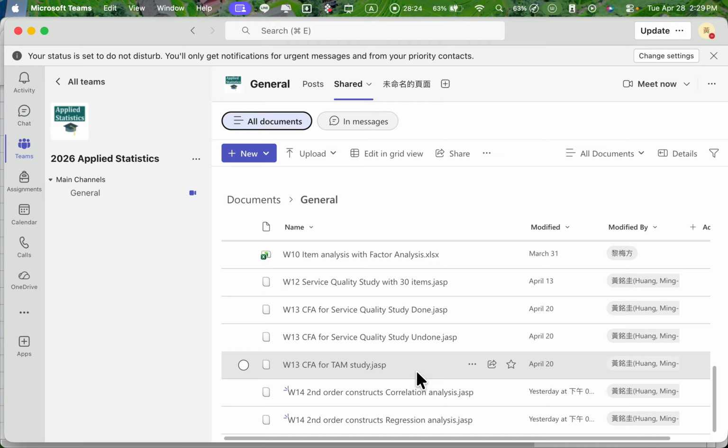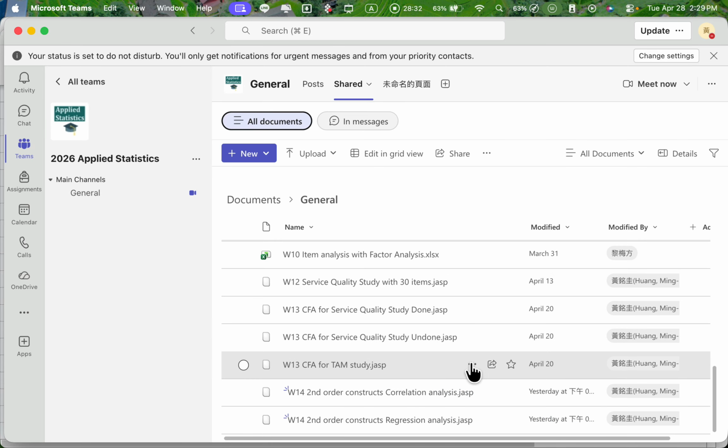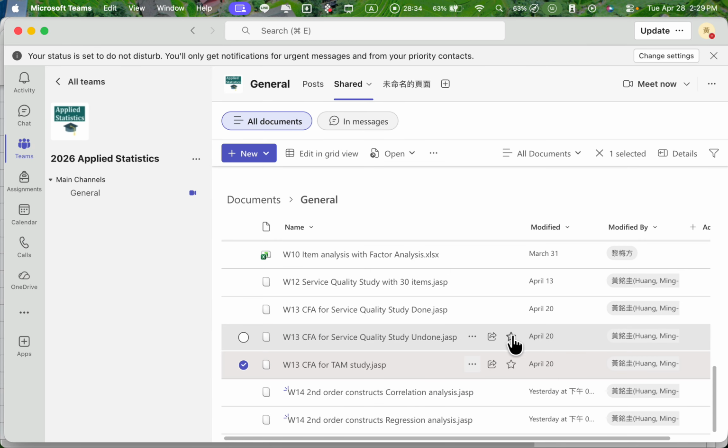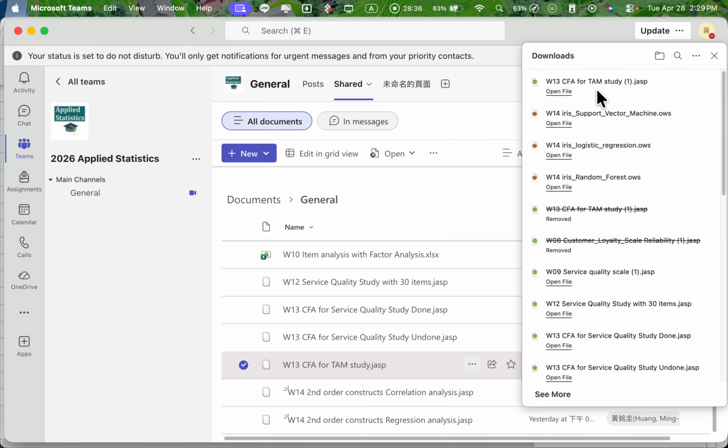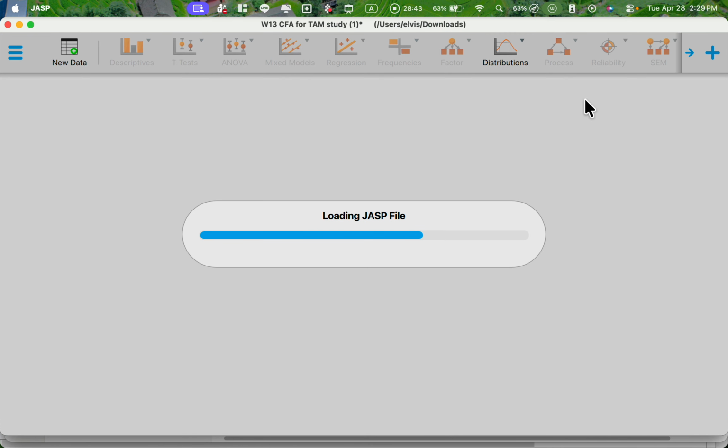If you can, download this one again. You can download the week 13 CFA for TM file again. I have already downloaded this one, so I can open it.